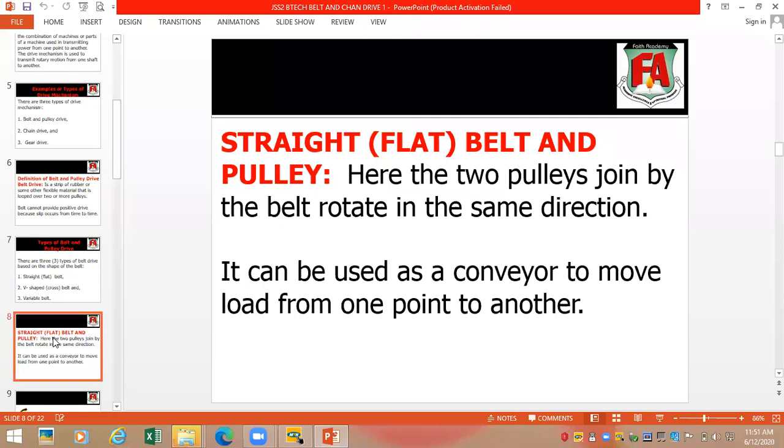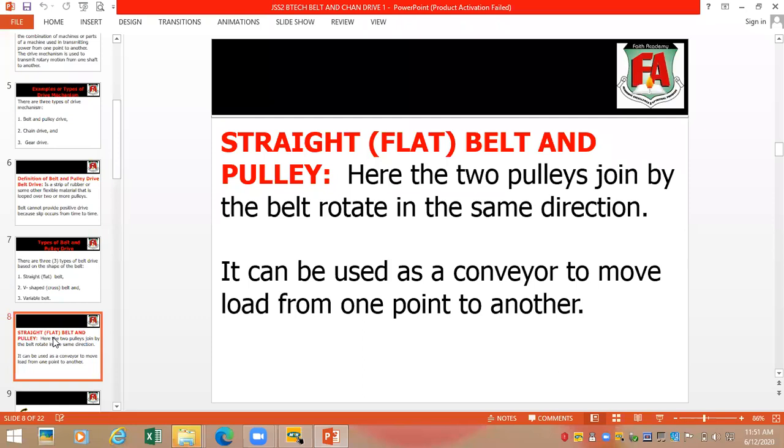It can be used as a conveyor to move load from one point to another.